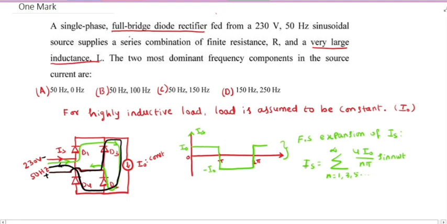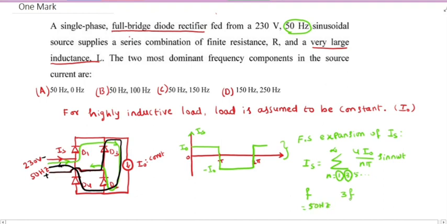Here the two most dominant frequency components are simply n equal to 1 and 3. 1 means the fundamental component, 3 means the third harmonic component. The fundamental has frequency f and the third harmonic has frequency 3f. The fundamental frequency is the same as the supply frequency, that is 50 Hz.